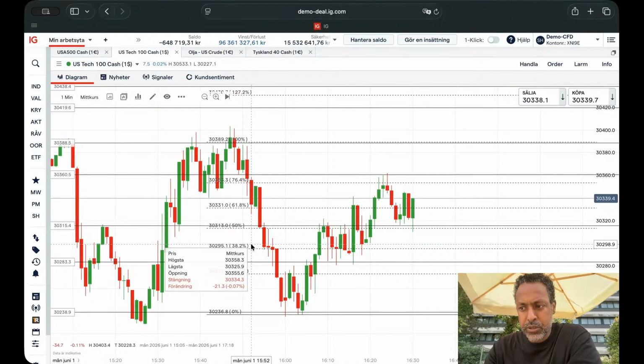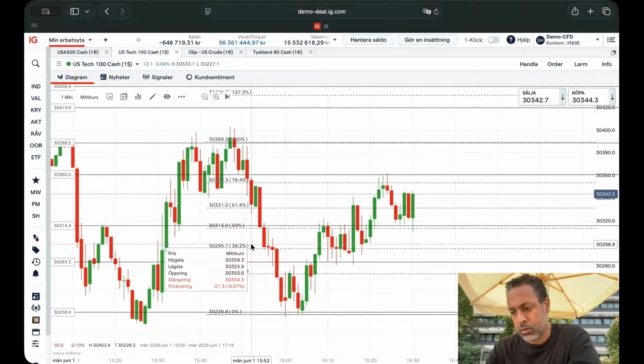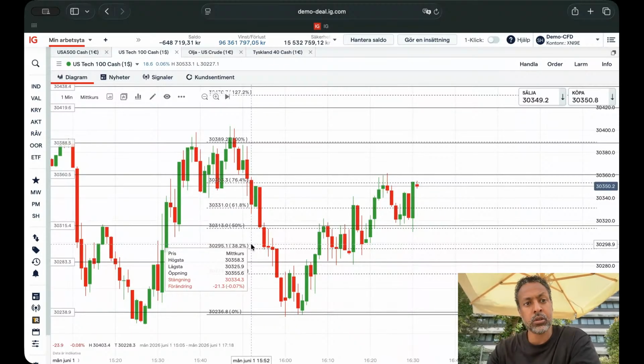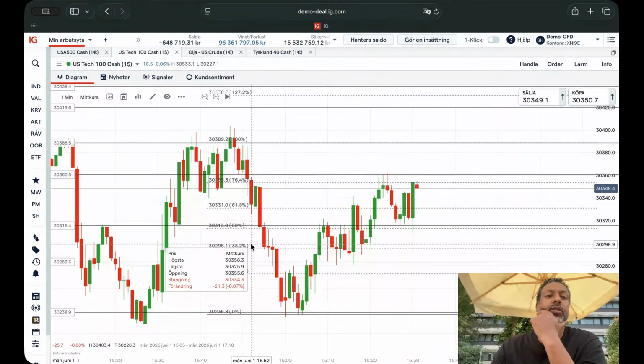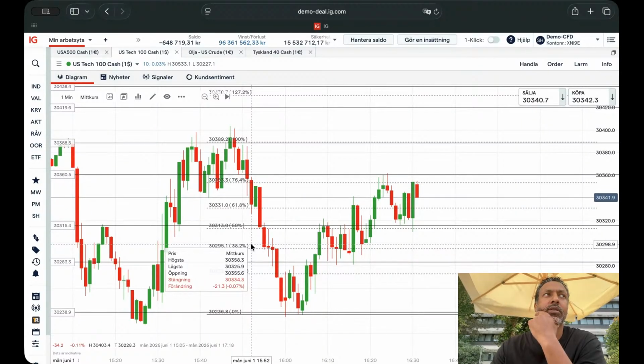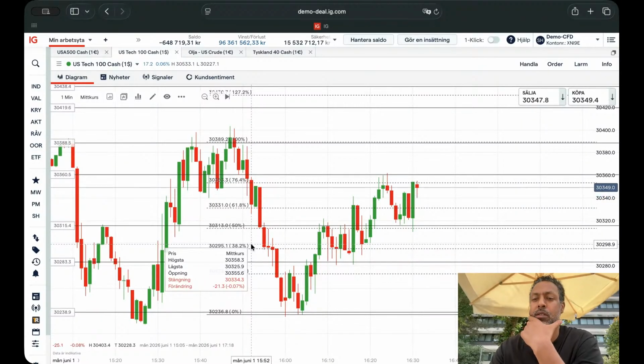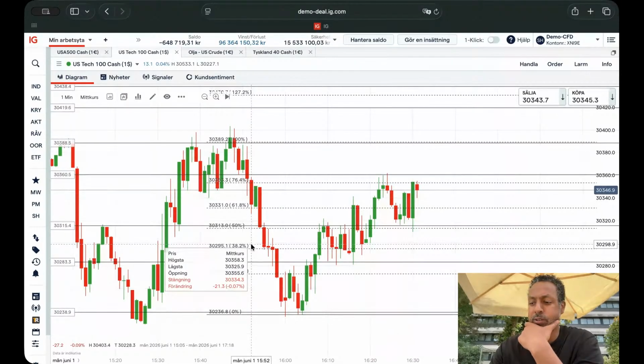Try long here at 0.02. Let's see if we go to the top of the range, and we'll take our profit. And there we're up another 0.05, so we are up. Yeah, we were at 17, so we're up 0.22 or 0.24.